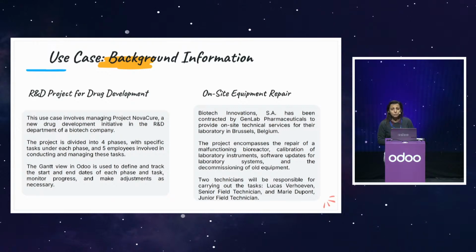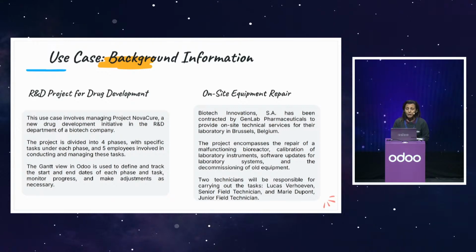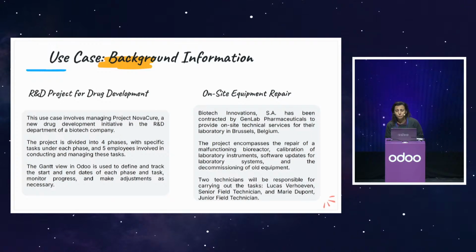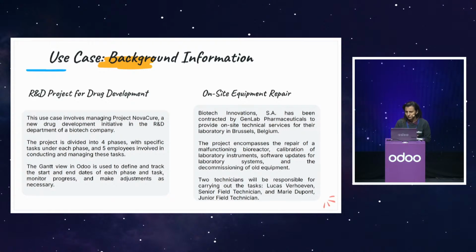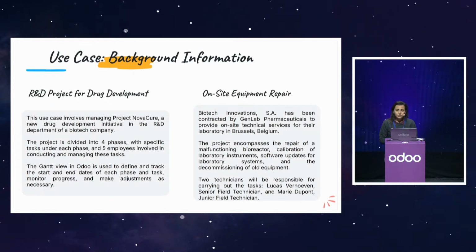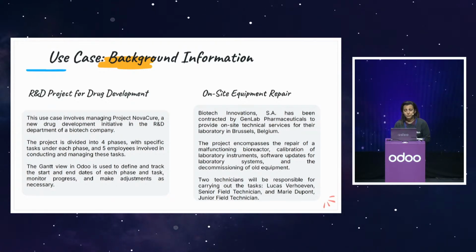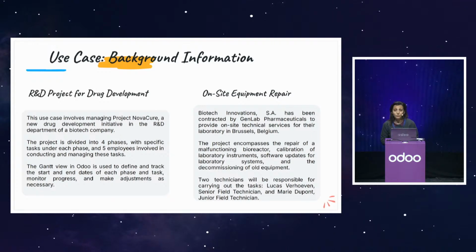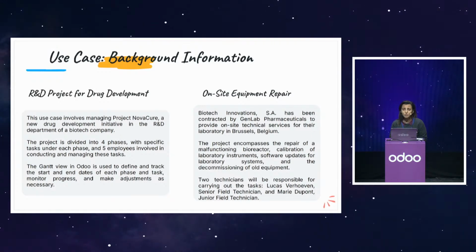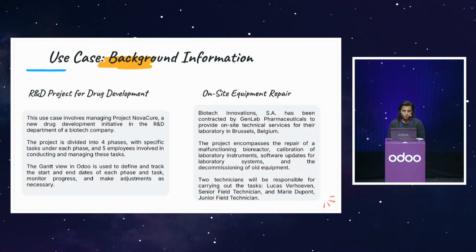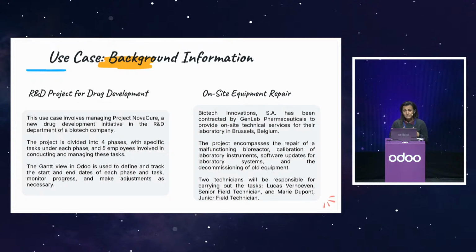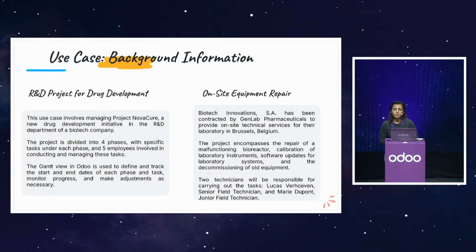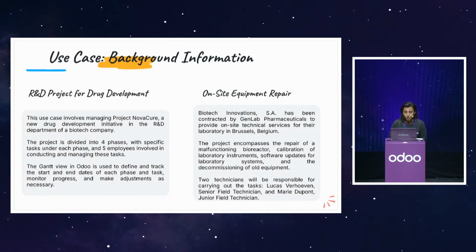In order to illustrate the power of this feature, let's have a look at two real-world scenarios. This is just to give you a bit of context. In the first scenario, we have the R&D department of a biotech company which is developing a new drug for cancer treatment. This new initiative is called Project NovaCure.